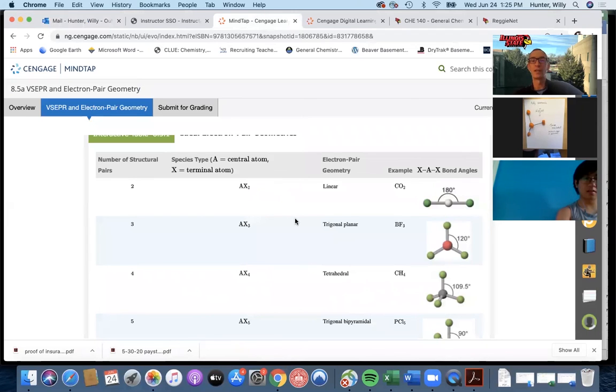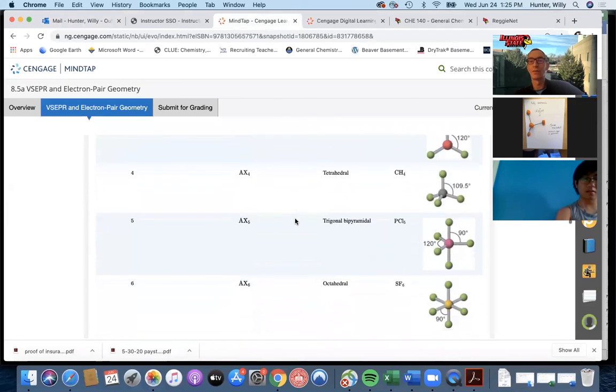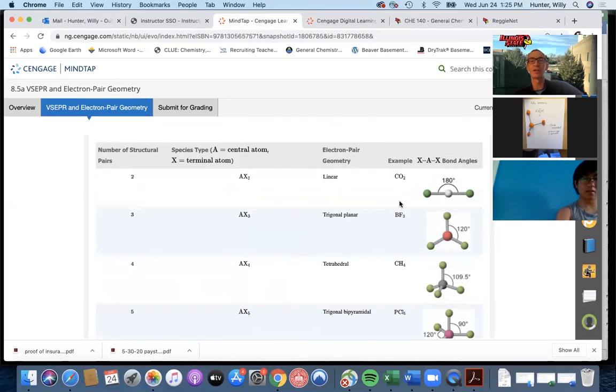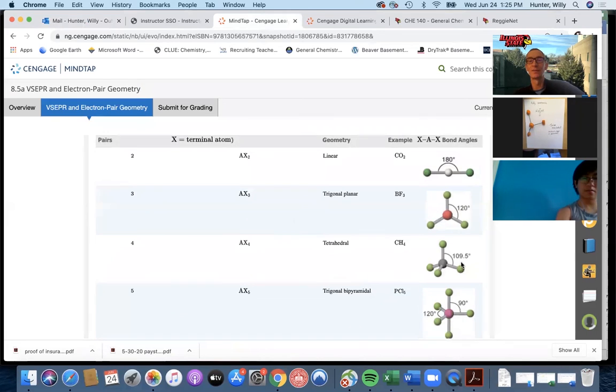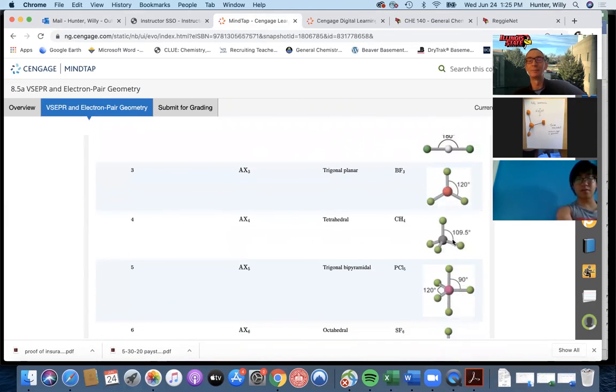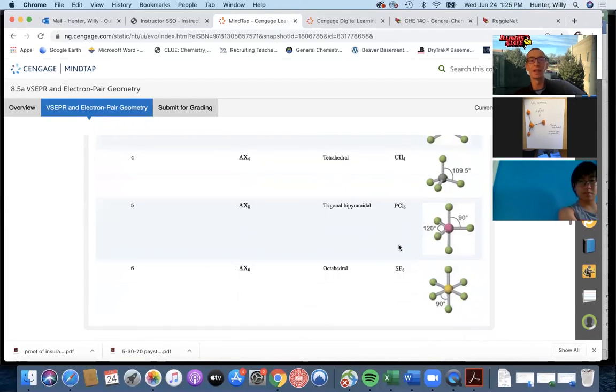I want to show you in Cengage various other shapes. So here is the 180 degrees, a linear molecule. Here is 120 degrees, when you've got 3 sets of electrons around the central atom. Here is methane at 109.5 degrees, 4 tetrahedral, and then they start to get a little more complicated when we've got 5 things and 6 things all the way around the outside.